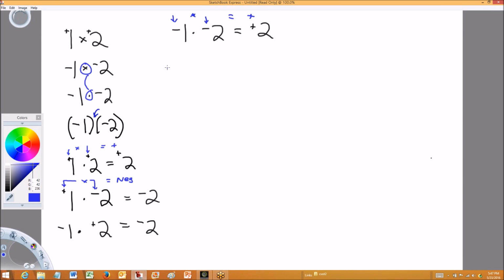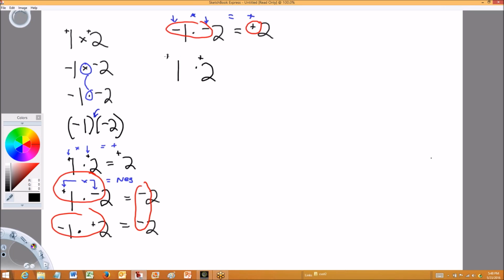So just to recap, negative times positive or positive times a negative is always negative. A negative times a negative is always a positive. And of course, 1 times 2, positive times a positive is a positive, which we covered before. All right, I'm going to clear this out.